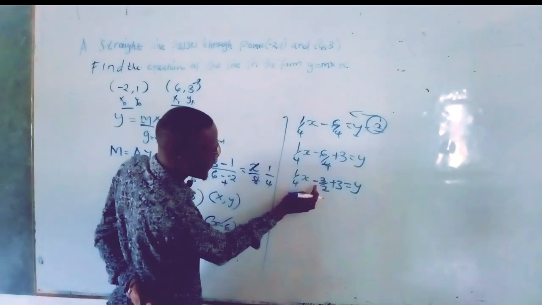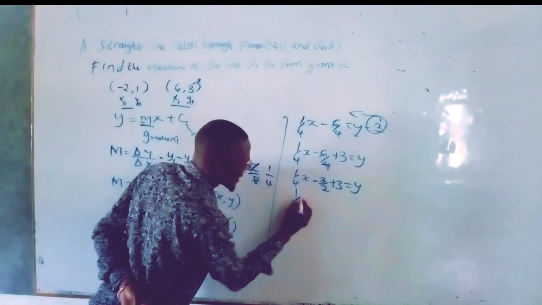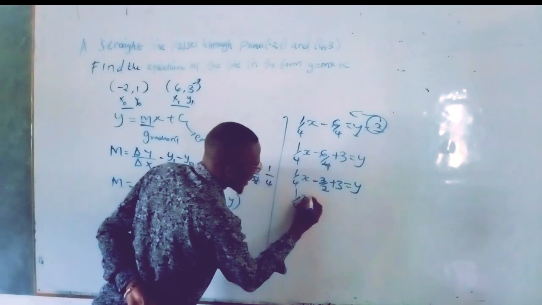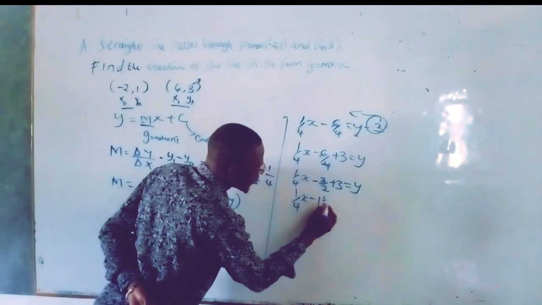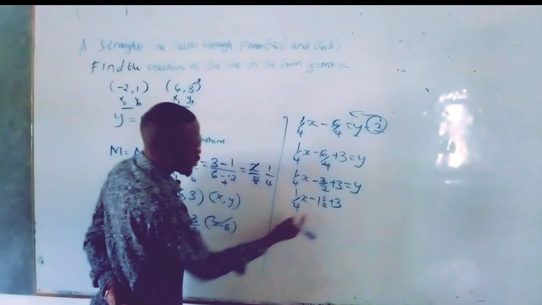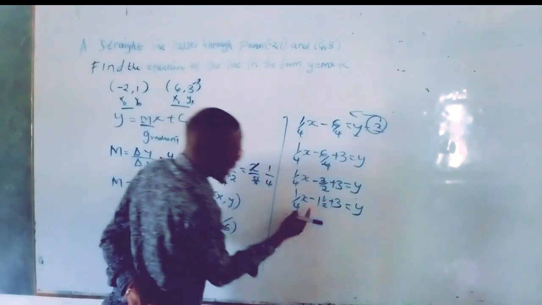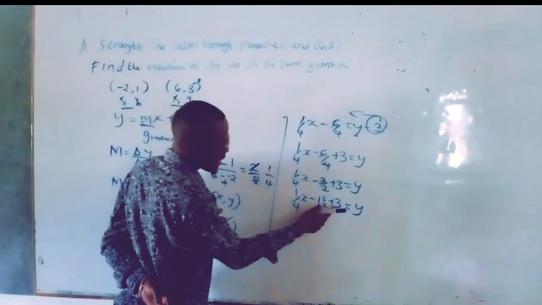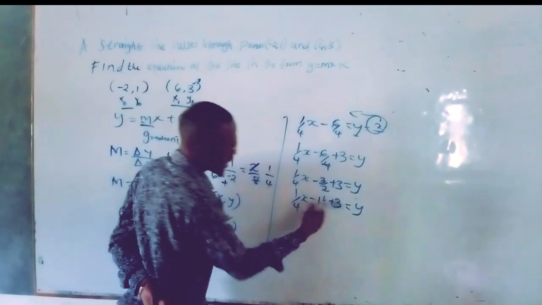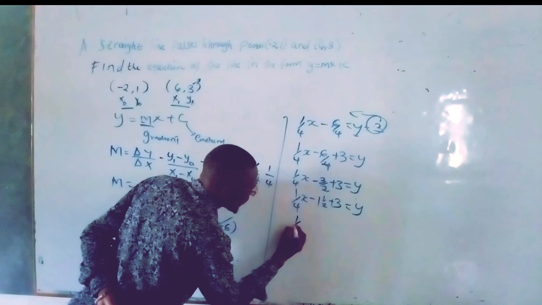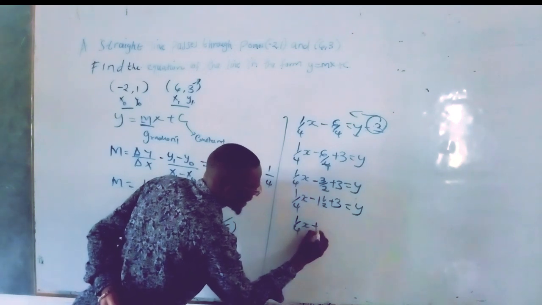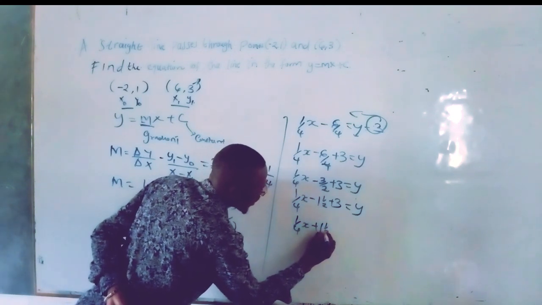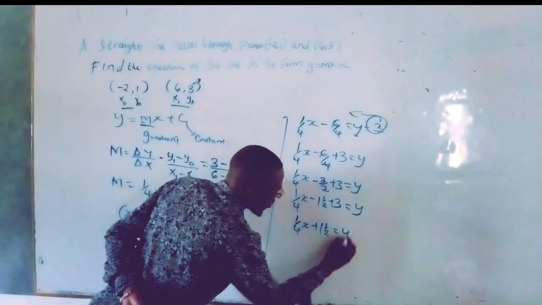That means I can also rewrite this as 1/4 x minus 1/2 plus 3, which equals y. So I can say that is 3 minus this, and when I subtract, it gives me 1/4 x plus 1/2... I mean 5/2, equals y.